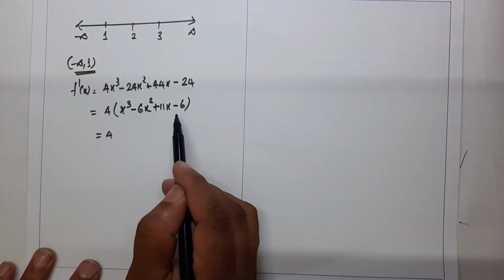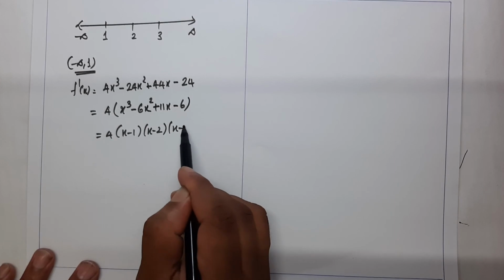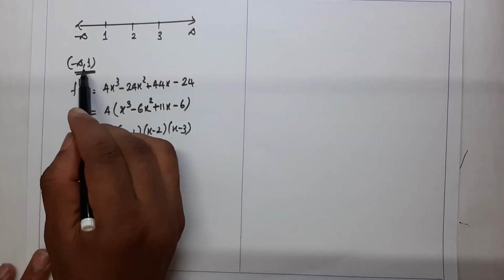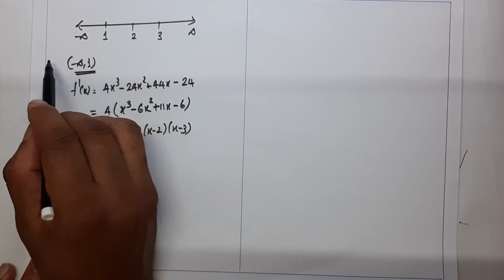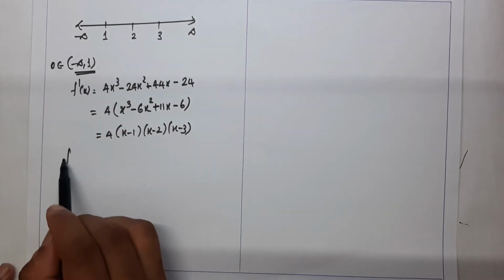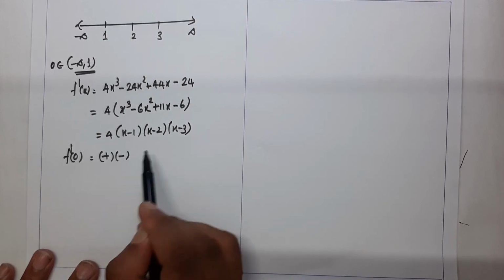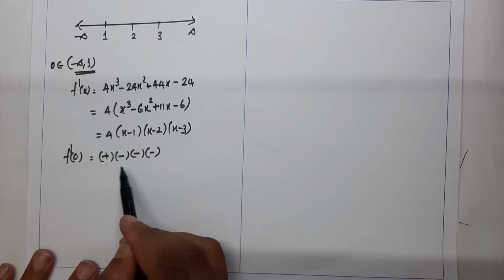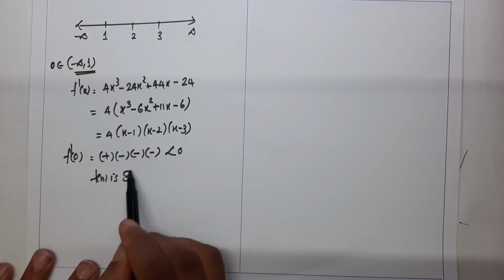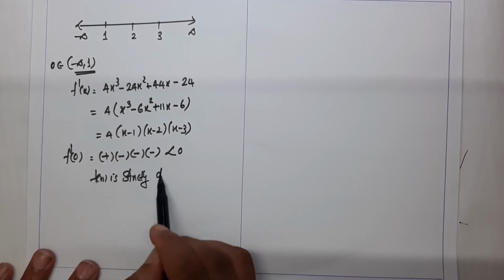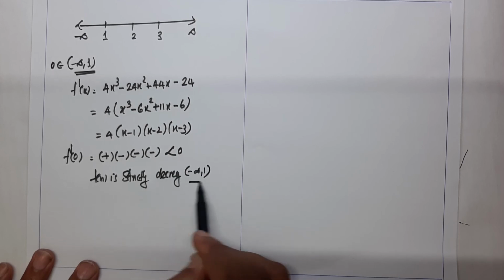Now factorizing this third degree polynomial, we get (x minus 1)(x minus 2)(x minus 3). Okay, first we select a point between minus infinity and 1, that is on the left side, the point 0. Consider f dash 0. Put x equal to 0, we get 4 is positive, 0 minus 1 is negative, 0 minus 2 is negative, 0 minus 3 is also negative, negative into negative into negative is less than 0, and therefore f of x is strictly decreasing in the interval minus infinity to 1.